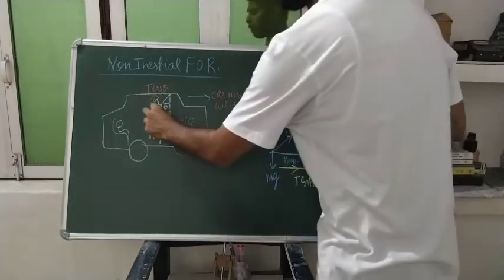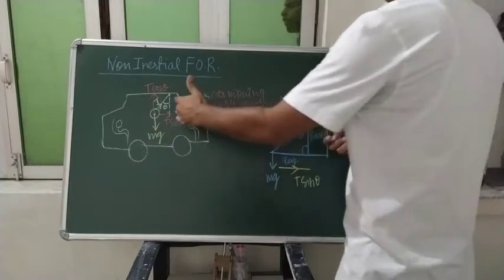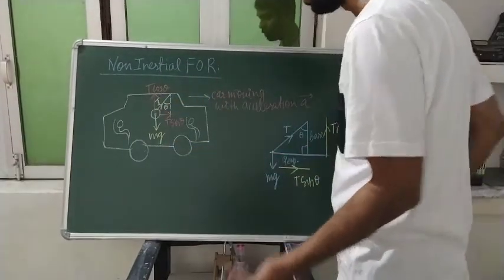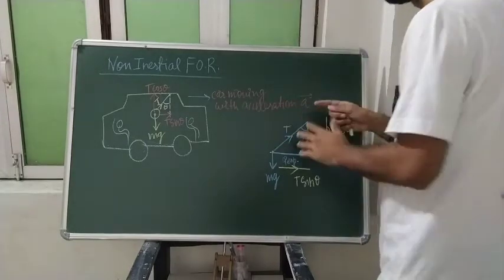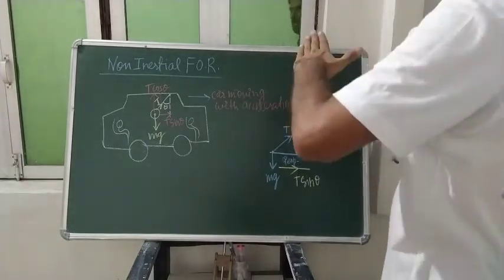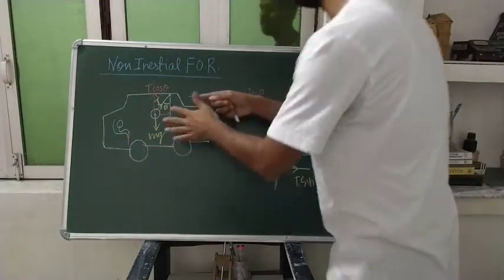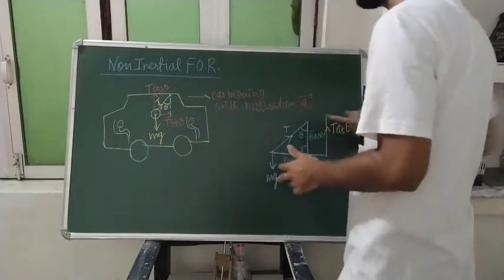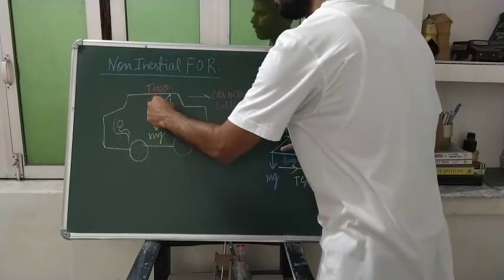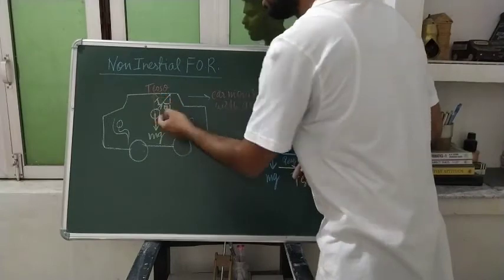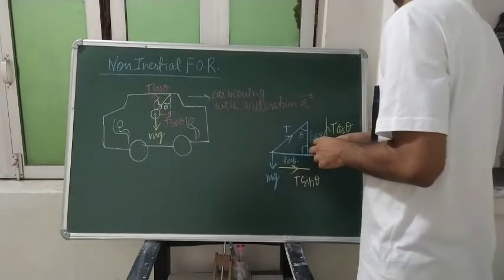So this bob should go to the vertical, but it will not go to the vertical. Look, the car is moving with a certain acceleration, so it makes some angle, and it keeps this angle as long as it is accelerating. So it has the angle and a force is acting here.